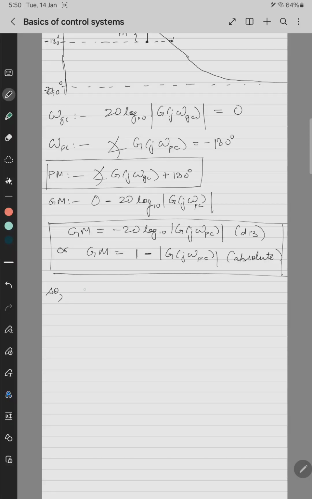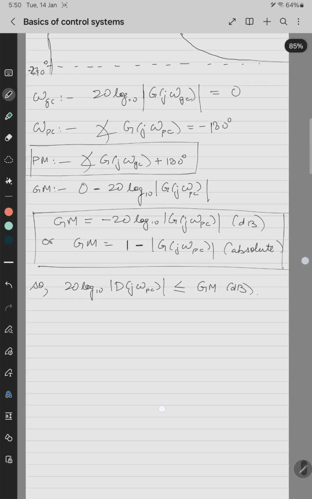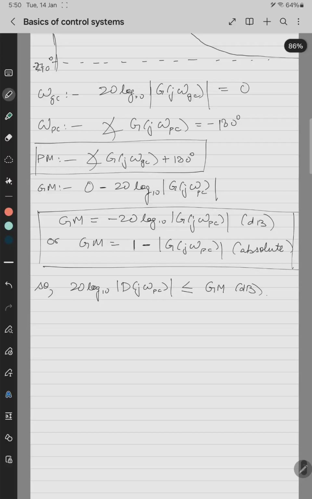I can write this: 20 log base 10 of mod of D of j omega, first at the gain margin, so at phase crossover frequency, should be less than or equal to gain margin in decibel. What I said, gain margin is the maximum gain which can be added by the controller.